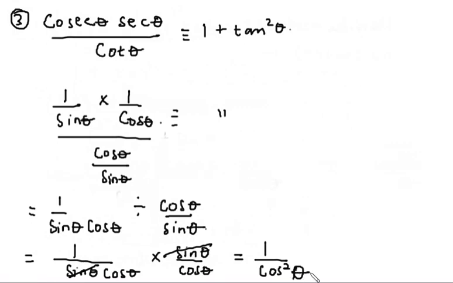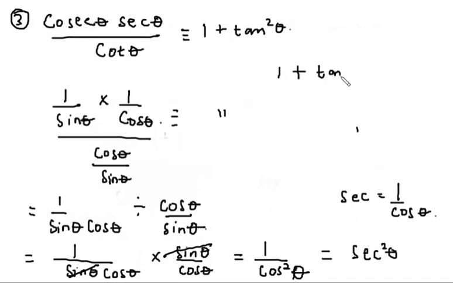Okay, so 1 over cos square theta is still equal to sec square theta, because sec equals 1 over cos theta. From the relationship between our trigonometric identities, we know that 1 plus tan square theta equals sec square theta.